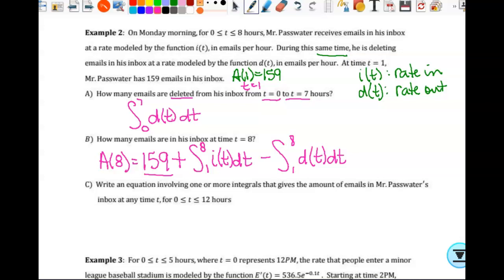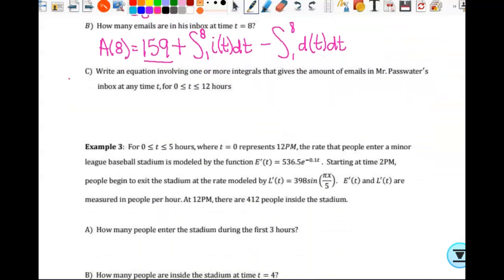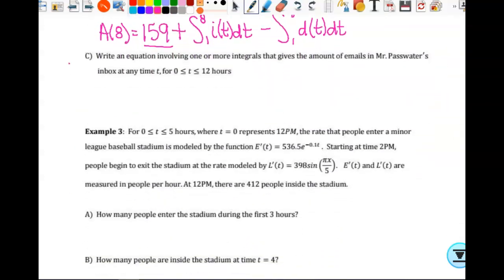All right. So now I want you to see if you can write this. Write an equation involving one or more integrals that gives the amount of emails in Mr. Passwater's inbox at any time t.